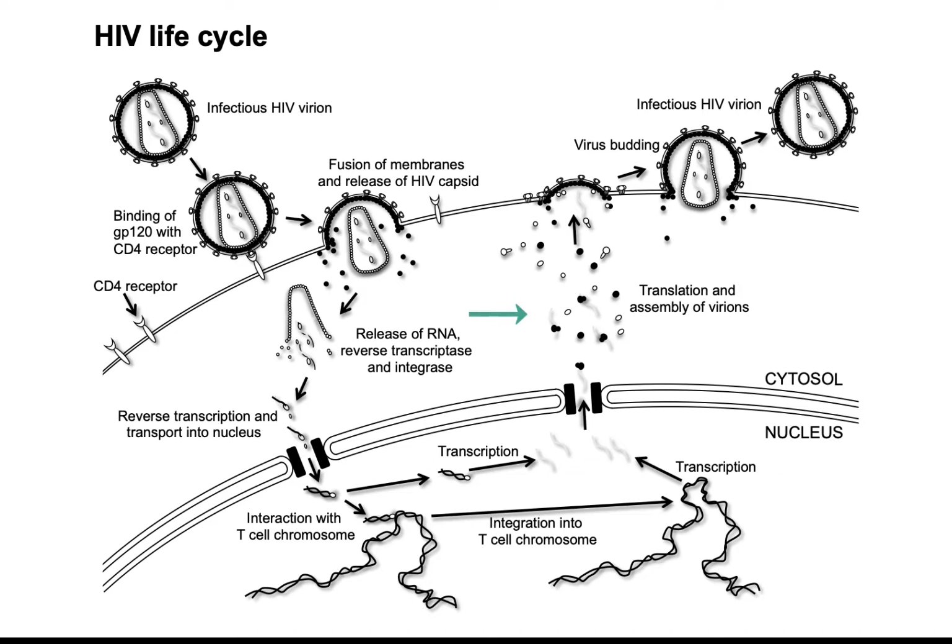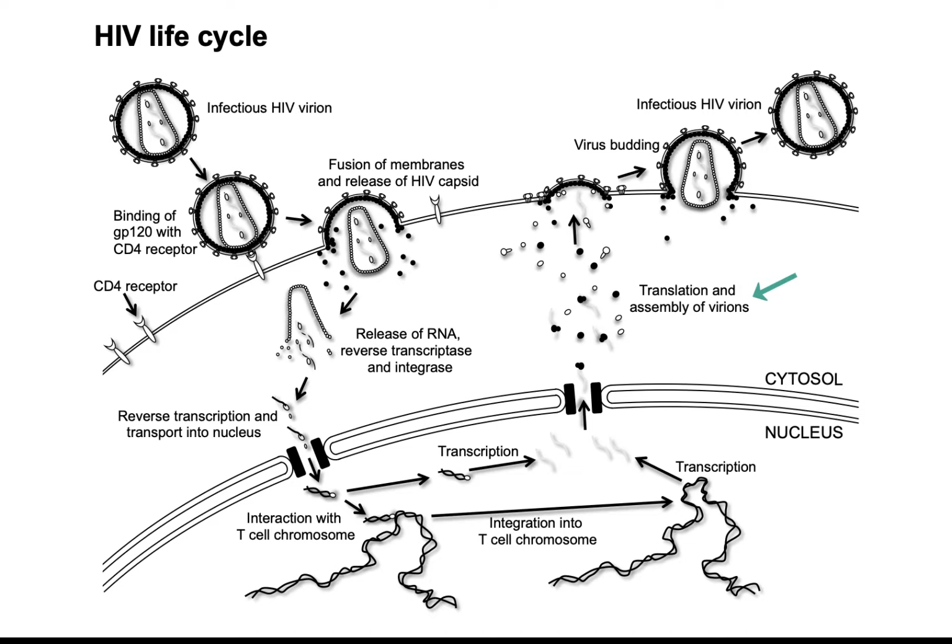And then those copies go out into the cytosol. They're translated on cytosolic ribosomes, and you're also getting copies of the virion chromosome being produced.